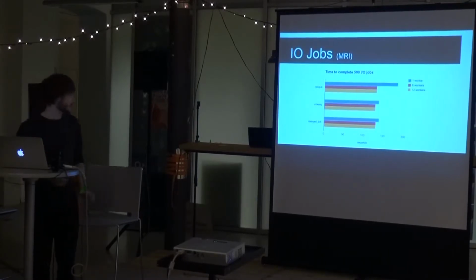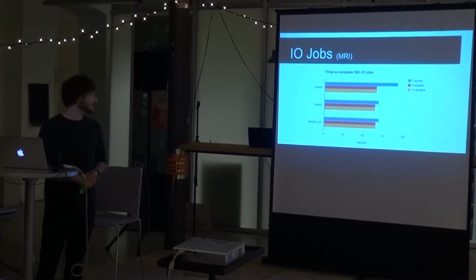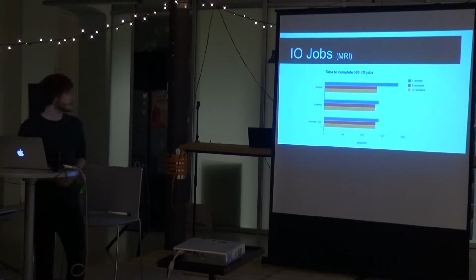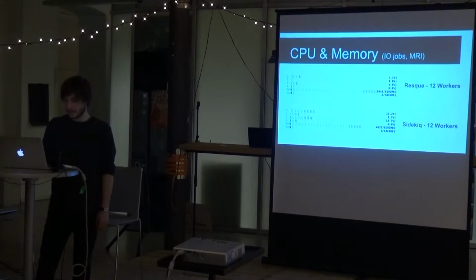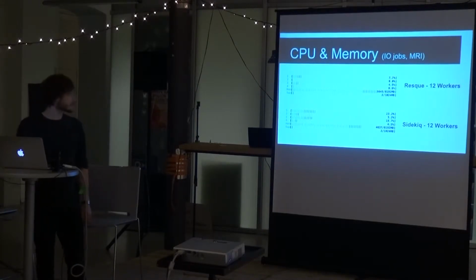Okay, so the next batch is input-output jobs, where Sidekiq is a bit better than Resque. This is where big computational power is not needed, and this is usually the case with input-output jobs, so Sidekiq apparently is better with this. So this is the benchmark for input-output jobs.